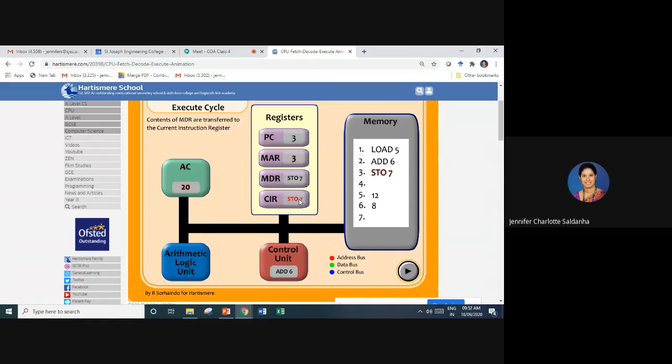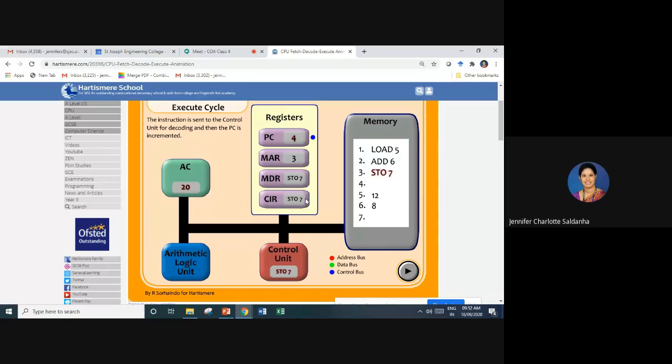Before decoding and executing this, the program counter will be updated to the next instruction. That is, the next instruction address is 4, right? 4 is the address of the next instruction. So the program counter is updated. Now we have to decode the previous instruction. So for decoding, what does it mean?